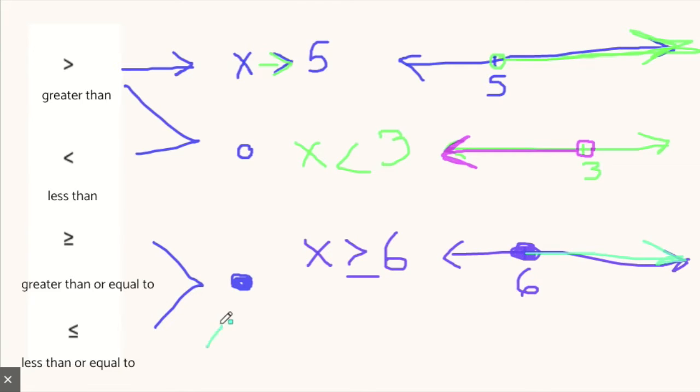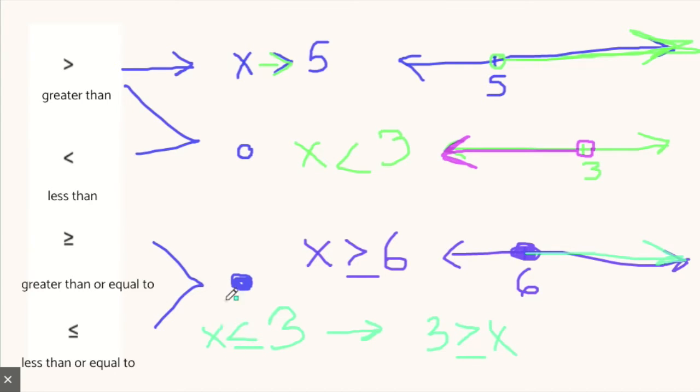And lastly, let's do an example for this one, but I want to write this a different way. Let's say 3 is greater than x. This is going to mean the same thing as x is less than 3. Why does it mean the same thing?